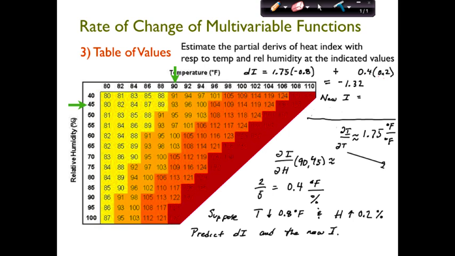The old I plus the change. So we get what? Old I is 93. Change is negative 1.32. Therefore, 91.7 is the new index. And that's degrees Fahrenheit.